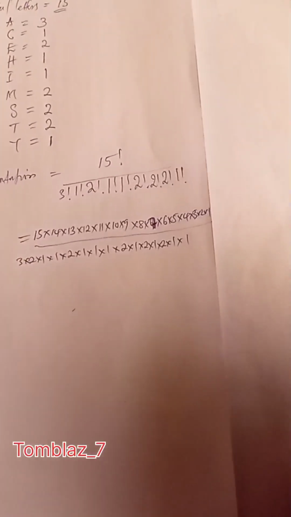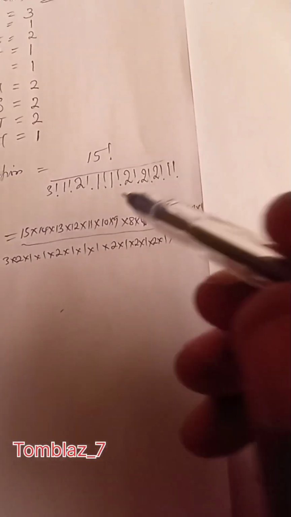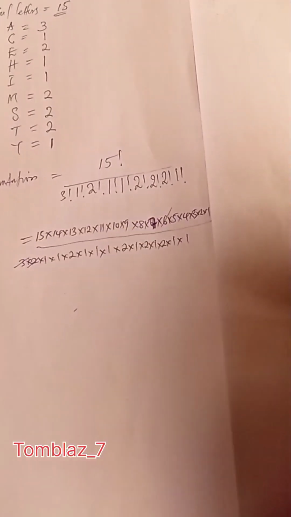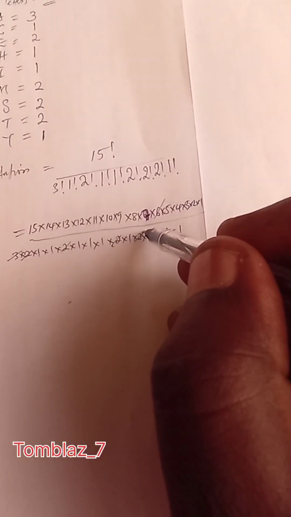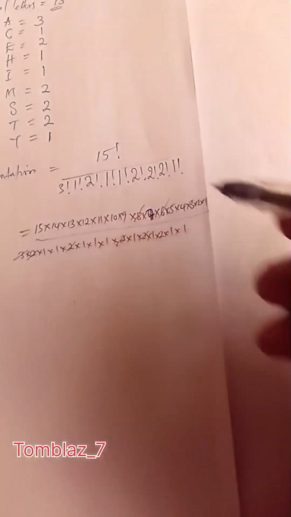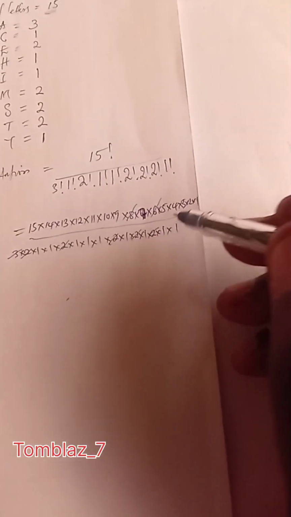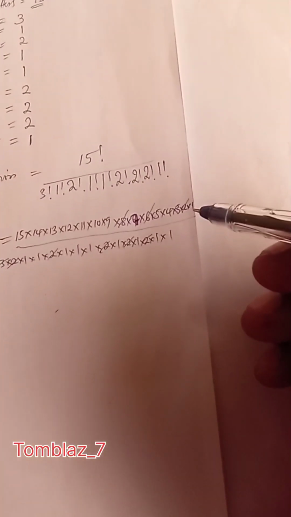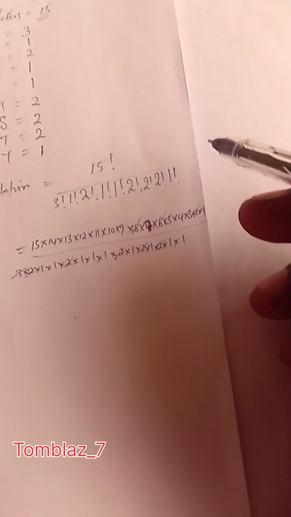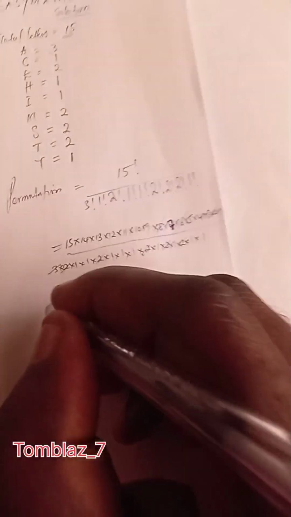Now we can carry out normal mathematical division. 3 times 2 is 6. It will take away 6 here. 2 here, 2 here, 2 here. That is 8. It will take away 8 here. 2 here will take away 2 here. So you are left with these values. So let me bring out the values that are left, because nothing will divide again.